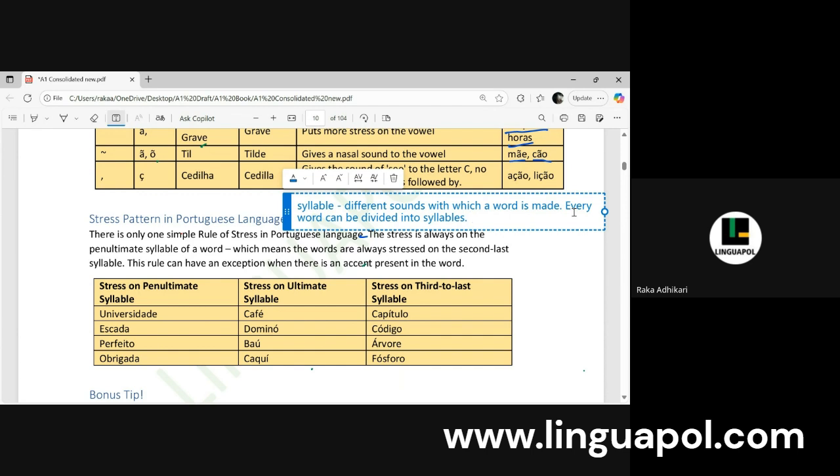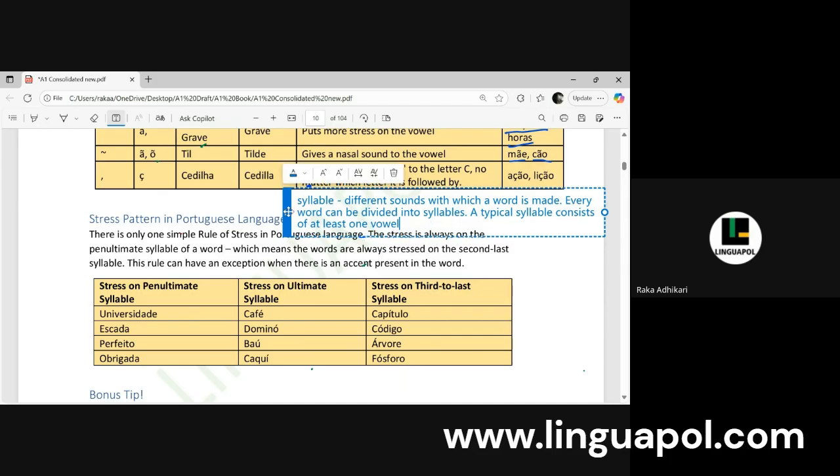Now, a typical syllable consists of at least one vowel. Let's understand this with some examples.